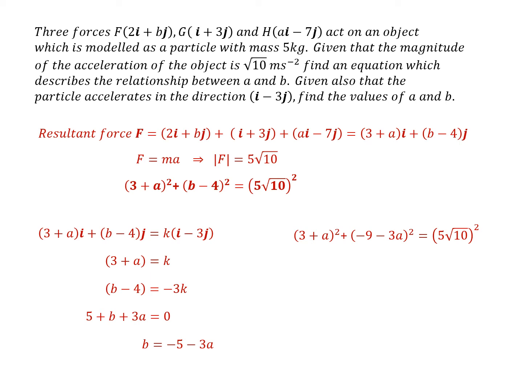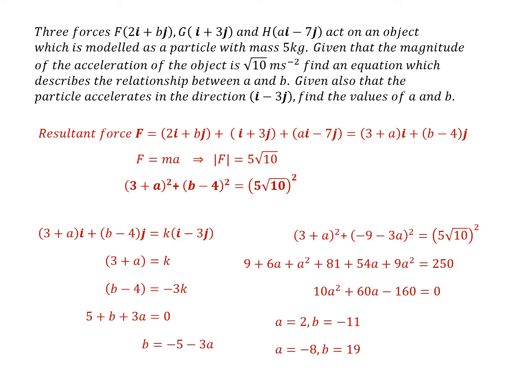It's a matter of just multiplying out the brackets, then grouping the like terms and solving that equation. So we get two solutions for a. a is equal to 2, in which case b is minus 11, and a equals minus 8, in which case b is 19. So are both of these valid answers or just one?